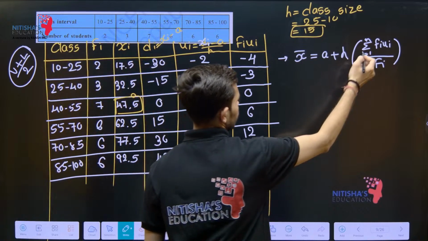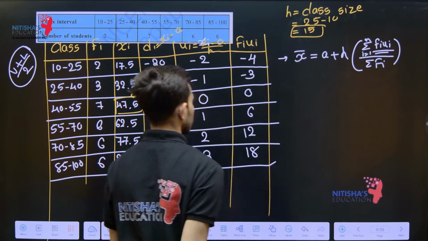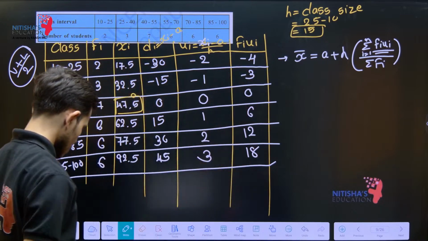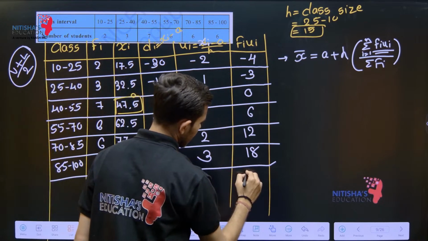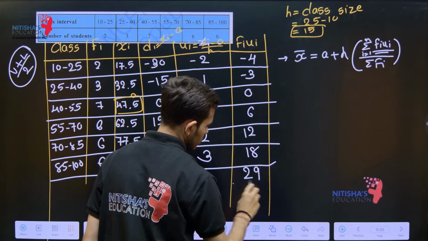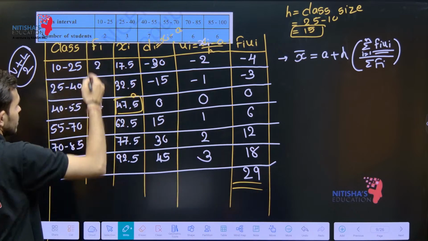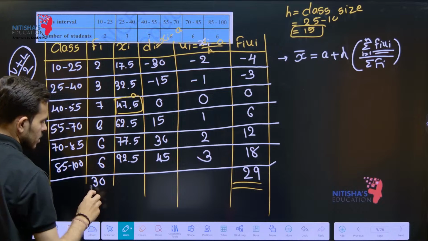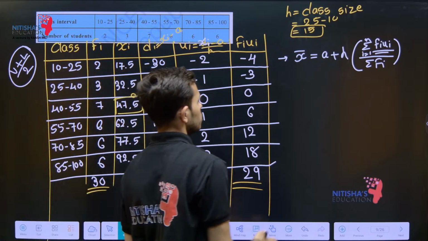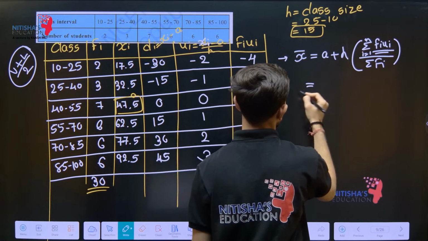So for addition of fi ui, we need to add all of this. If we add them, then we will get 29, and if we add this fi, then we will get 30. Just place the value in this equation.